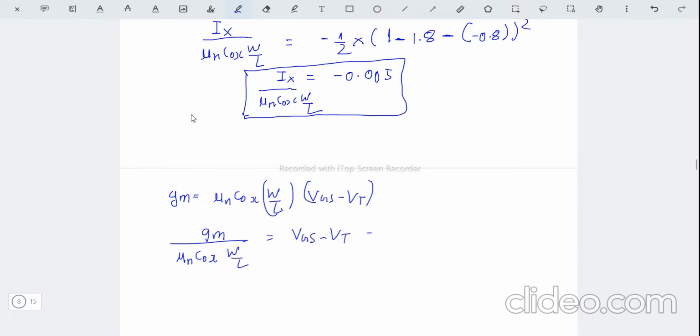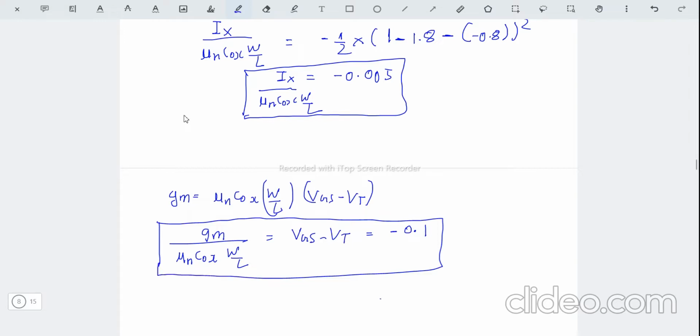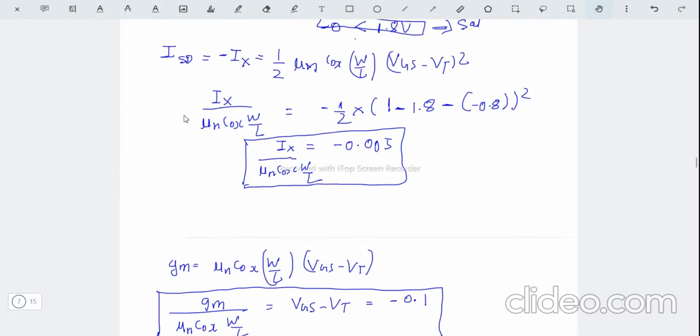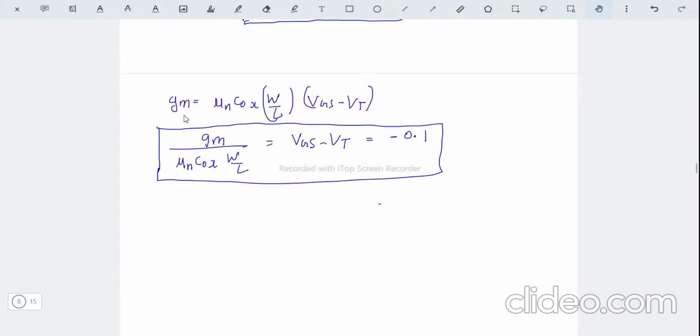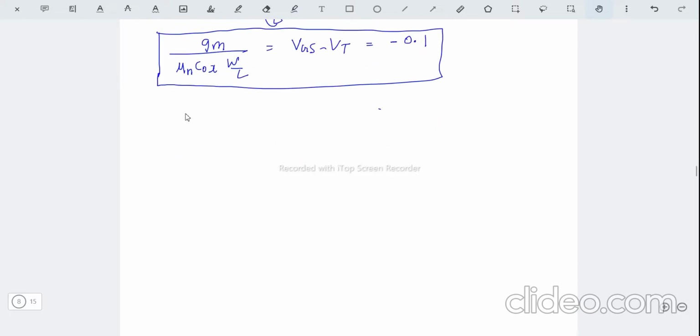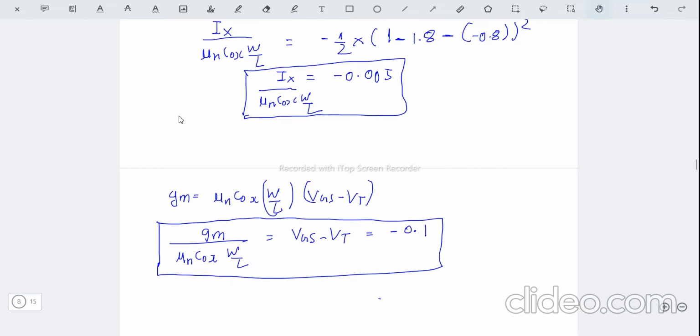When we substitute the values, we obtain minus 0.1. The reason we obtain transconductance as negative is because the current obtained here is also negative. So this is the normalized value of Ix and Gm in saturation.